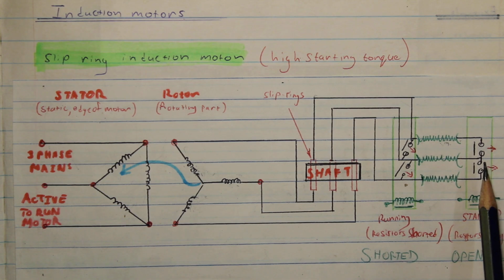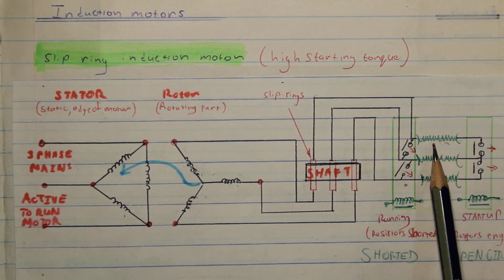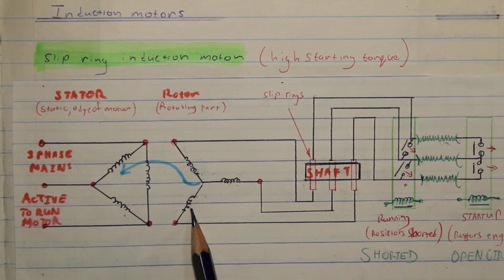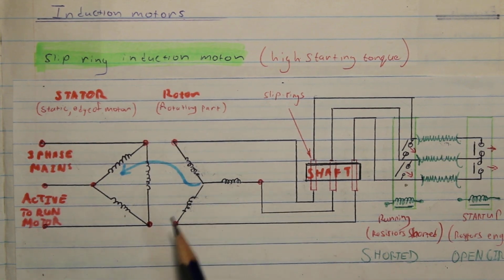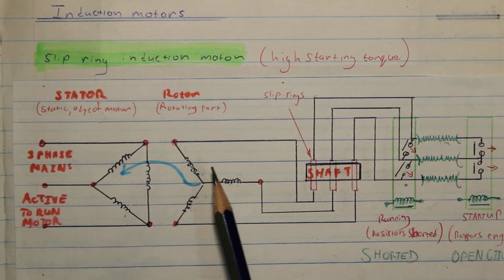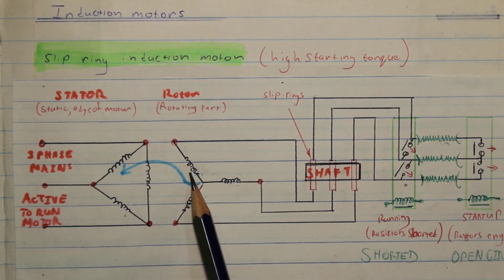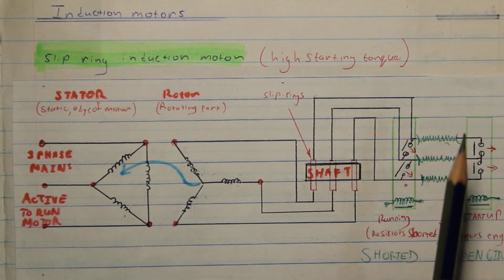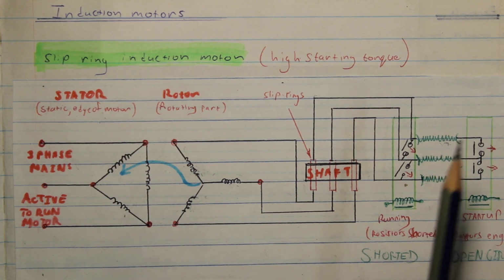And when it says it's open circuit, it means that these three resistors are connected to each of these phases. So the impedance of one phase would be the impedance of this coil and the impedance of that external resistor. All right, so that's on open circuit, and that's at standstill.